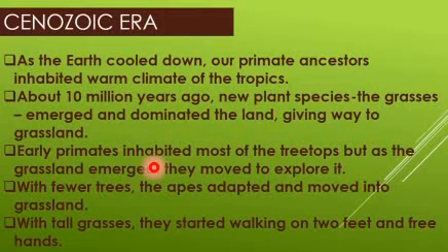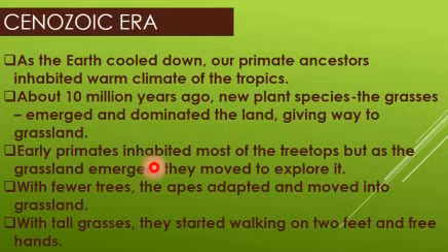Now, as the Earth cooled down, our primates ancestor inhabited warm climate of the tropics, no? So ibig sabihin ay nga, no, dahil nagkaroon ng taglamig, sobrang lamig. So yung mga primates natin, syempre natutunan na nila na mag-adapt sa environment, no?